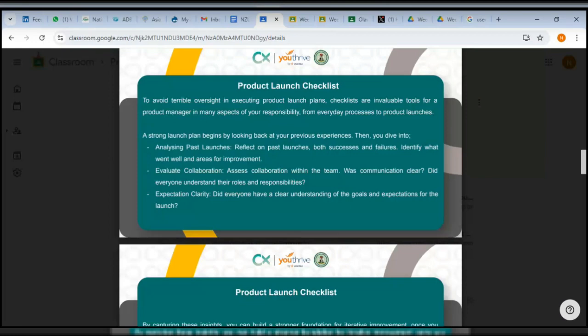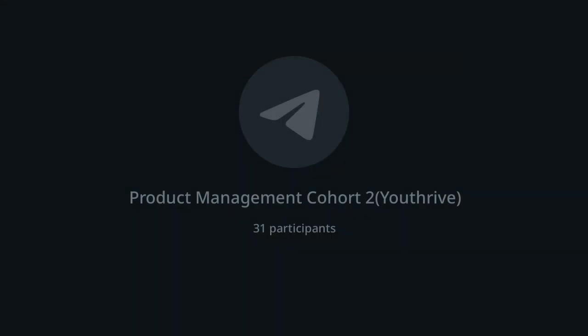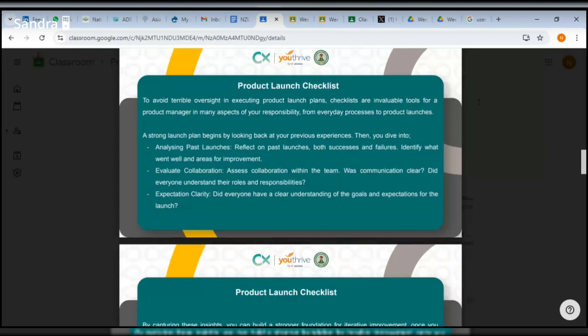So understanding the goal for the entire product is a different thing from understanding the goal for the launch. What do we want for the launch? Most times, what we want for a launch is that we have a functional MVP, right? We want a product that reflects everything that we want the product to do, and we want navigation to be easy. We want all the features to be functional, right?